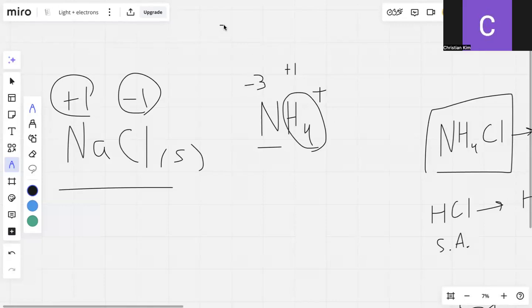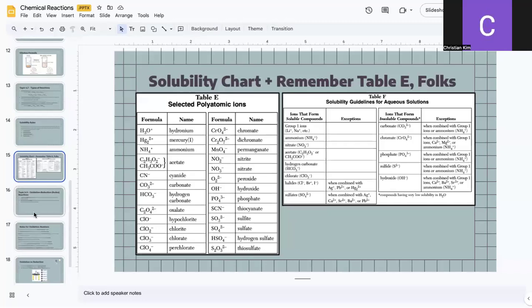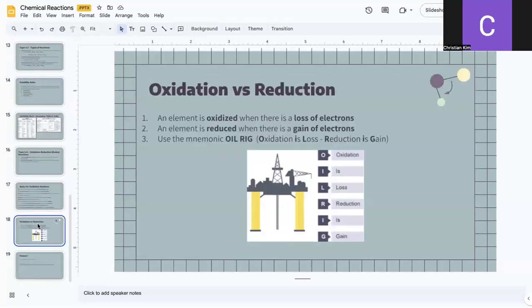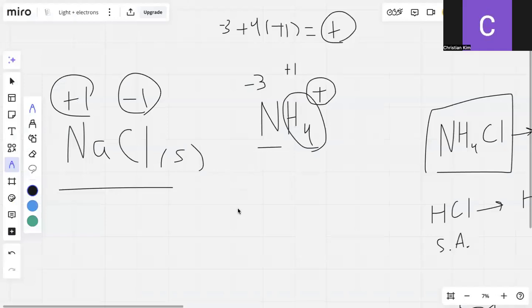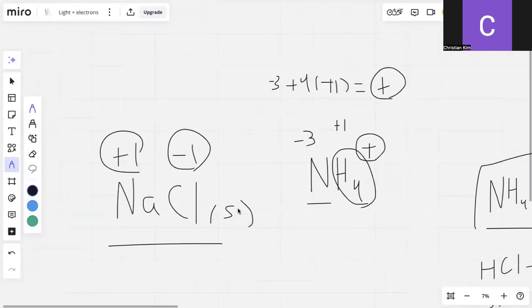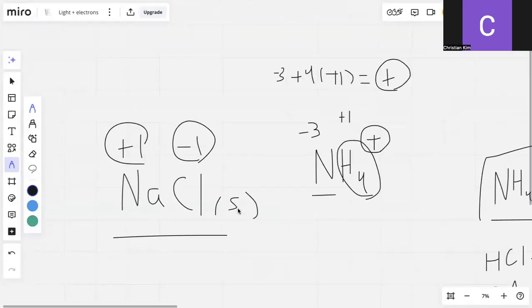Well, -3 plus 4 times +1, because the hydrogens are +1, gives us an overall charge of +1, which is exactly what we want because ammonium has an overall charge of +1. So those are some very basics of oxidation numbers.